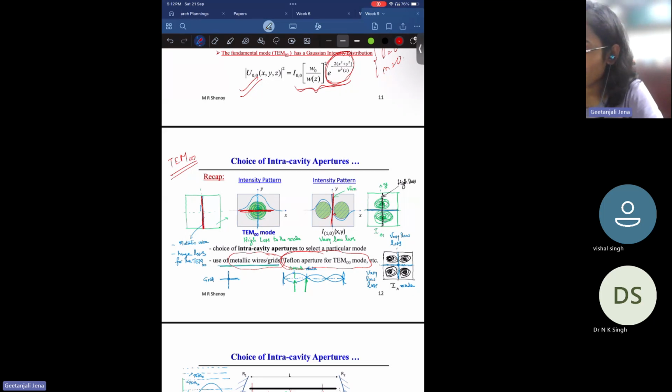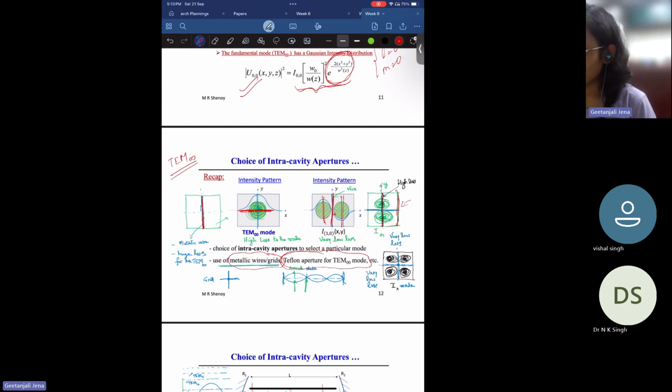But if you put the same metallic wire here or here, then we'll see losses in the system. This is the same explanation that I have given. If we put the metallic wire in this position, then we'll see no losses in the system. But if we put the metallic wire in this direction, then we will see losses in the system because of the continuity of the boundary condition.